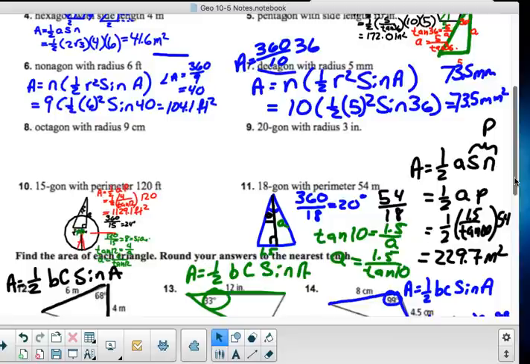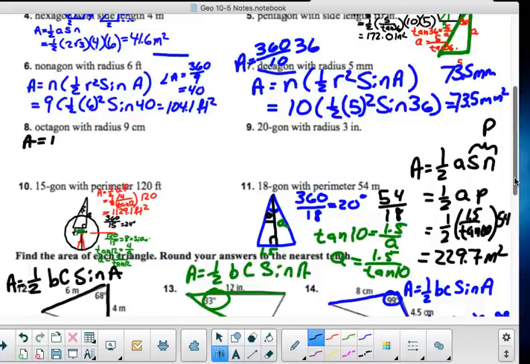Okay, we're back. We're practicing a new formula that only works for radiuses. Area of an N-gon is equal to 1/2 R squared sine of A. R is the radius of my polygon. N is the number of sides. A is the central angle. 360 divided by 8 is 45.